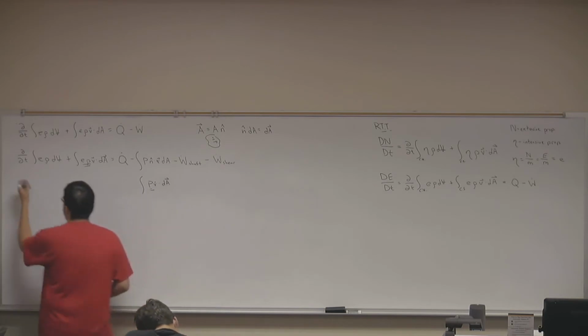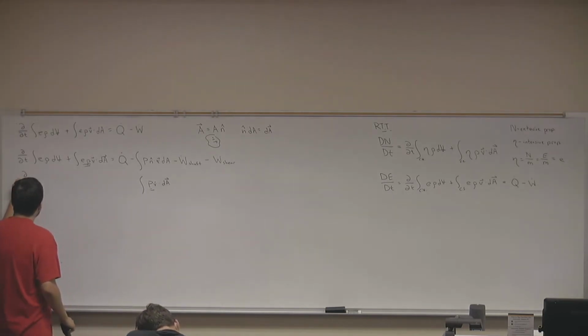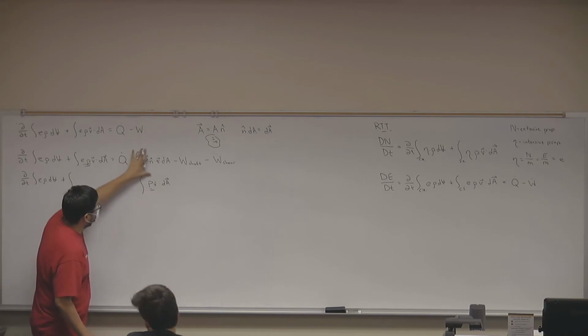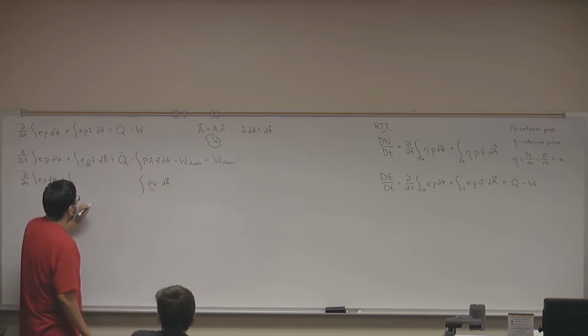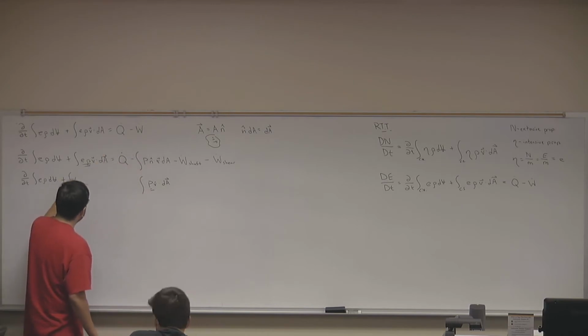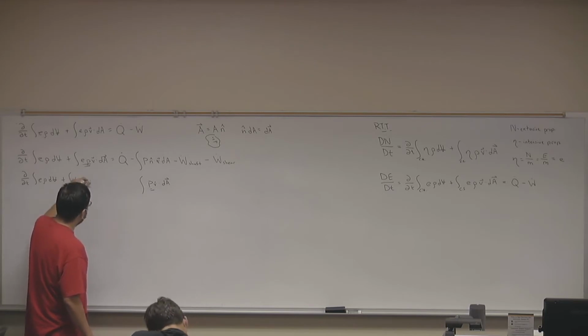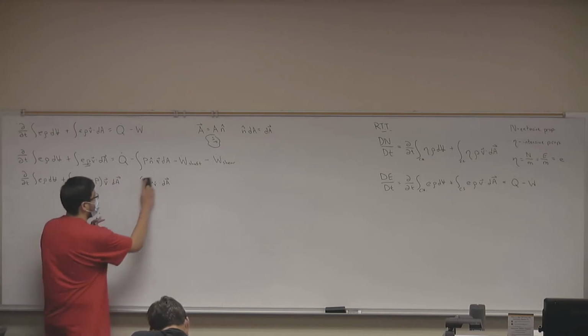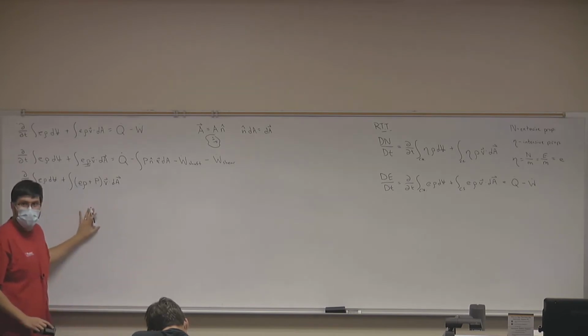So what do I have? I have the change with respect to time of what's happening inside the control volume plus my flux. So I have negative this integral. I'm going to move it to the other side so that it's positive. And I get the integral of specific energy times density plus my pressure. Up to this point, is everybody okay with what I'm doing here?